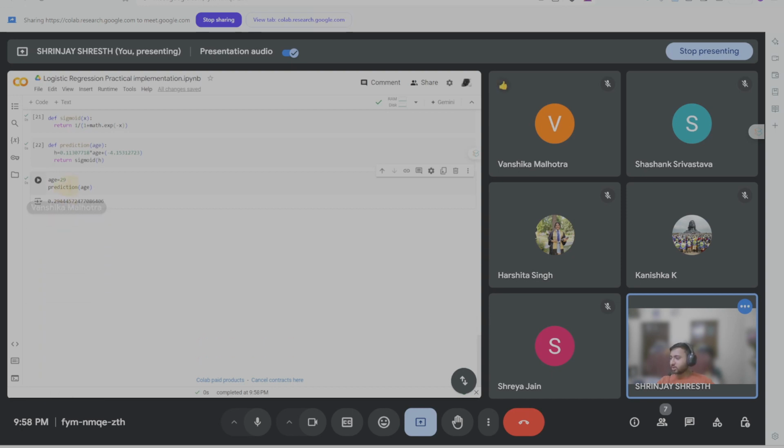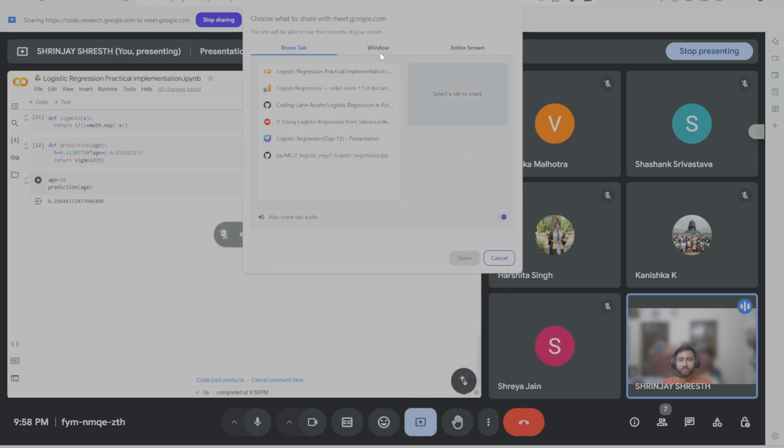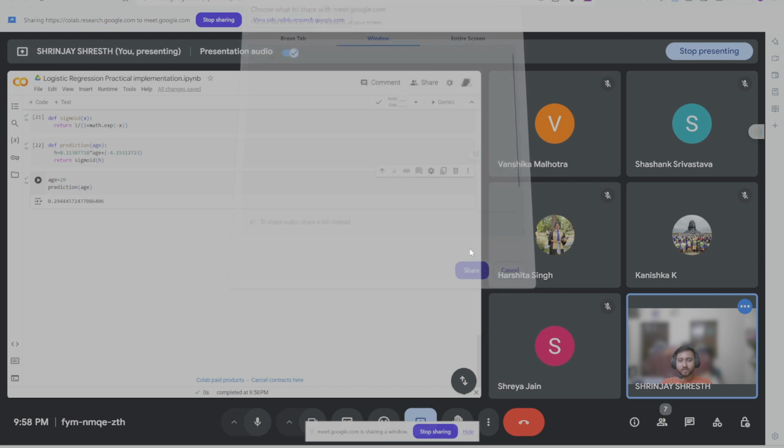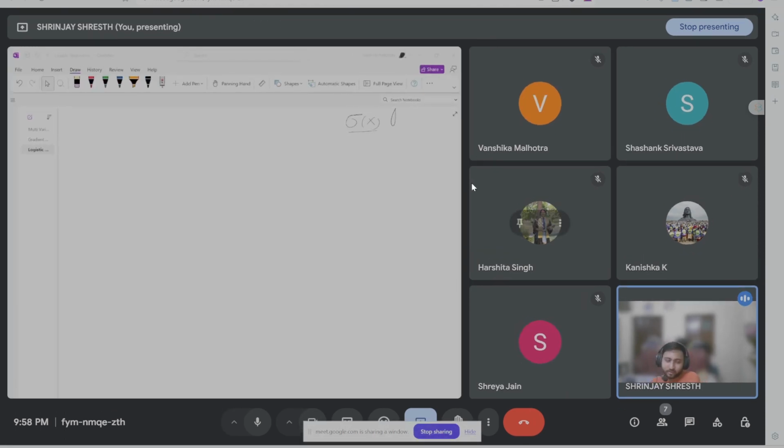Perfect. So can we go on and move to another topic, which is in this only, which is known as multi-class logistic regression. We'll have this another topic known as multi-class logistic regression.